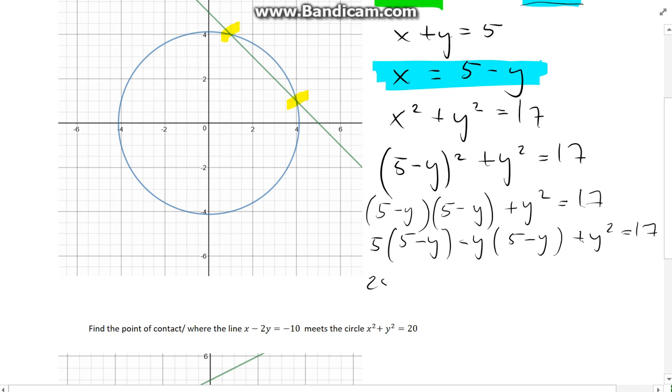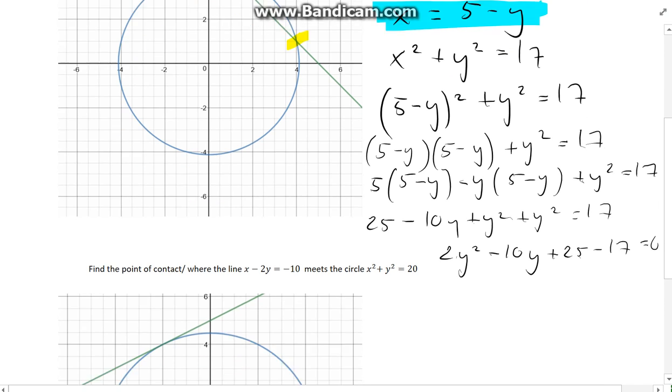That'll give us 25 minus 10y plus y squared equals 17. So our equation will be 2y squared minus 10y plus 25 minus 17 equals 0, because we're bringing it all to one side, let it equal 0.